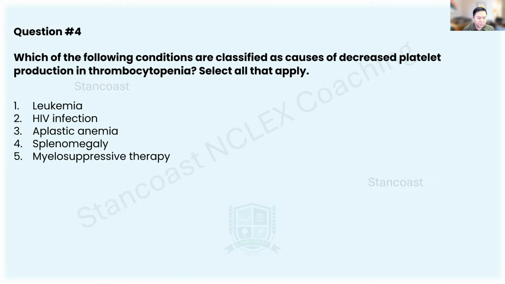Please check onto the statement here. Which of the following conditions are classified as causes of decreased platelet production? We're talking about the decreased production of the platelet. We're not talking about the destruction of the platelet. So you got to be careful when you're selecting the answers here.